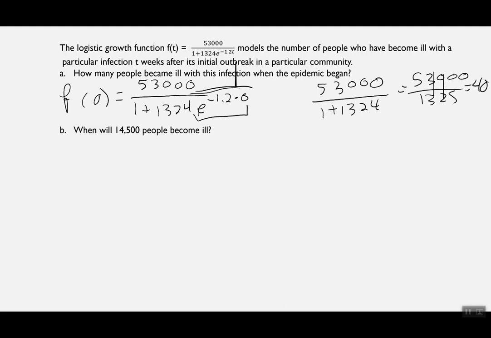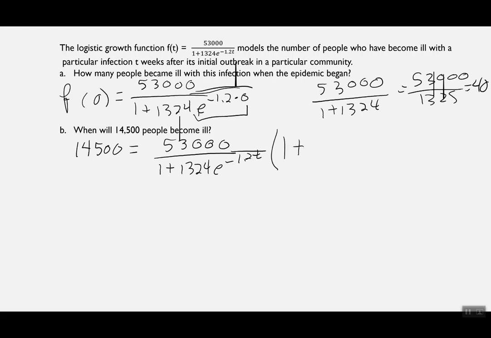That's the thought. Part B says, when will 14,500 people be ill? So this is my amount in the future, and this is the equation that we started with. So my goal is to solve for the time.